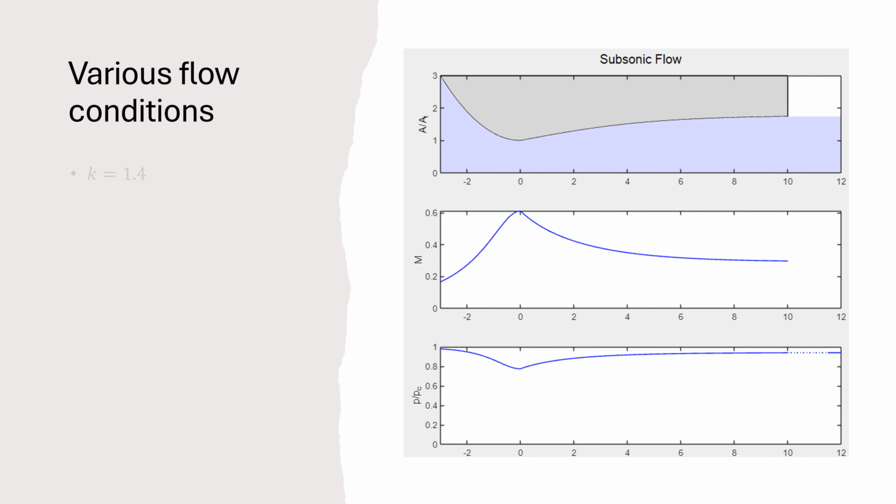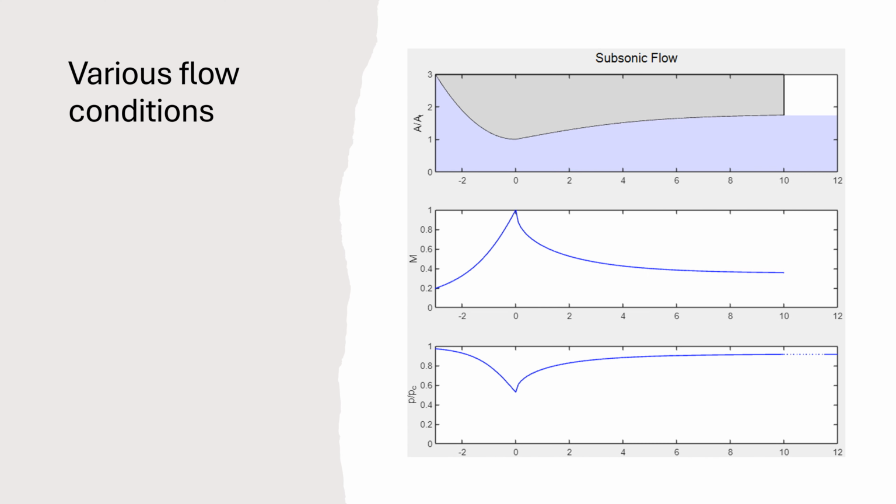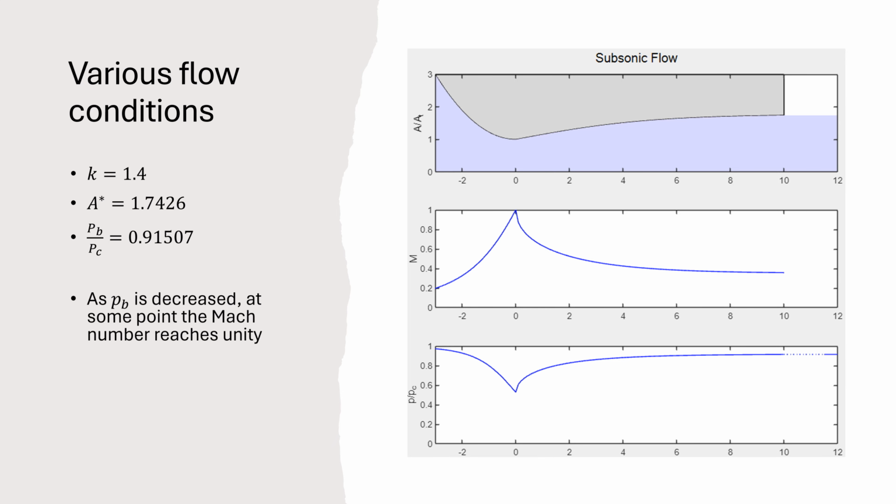Alright, now if we decrease the back pressure a little bit, there will be a pressure differential between the start and exit pressure, and therefore there will be mass flow rate. So in this case, with this specific pressure ratio, we have a subsonic flow. Eventually, as you keep decreasing the back pressure, you'll get to a special case, seen right here in the graphs.